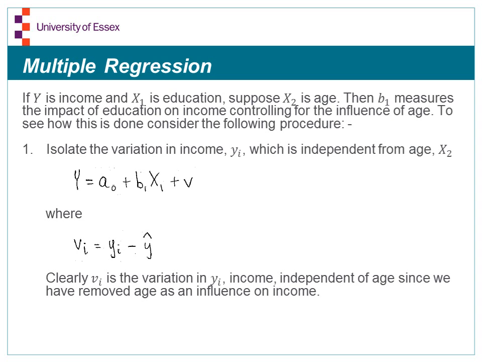What we want to do is isolate the variation in the income, that's y, that's independent from age, and so I'm going to do this as follows. y equals a0 plus b1x1 plus v, where v is equal to yi minus y hat, my observed y minus my predicted y. So clearly what vi is telling me is the variation in income which is independent from age, since we have removed age as an influence on income here.